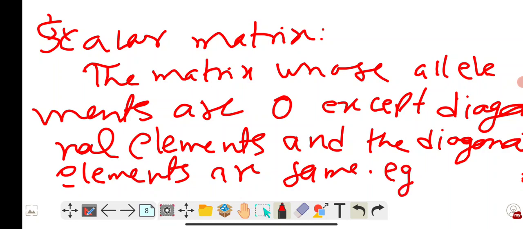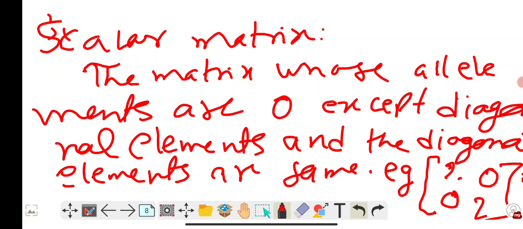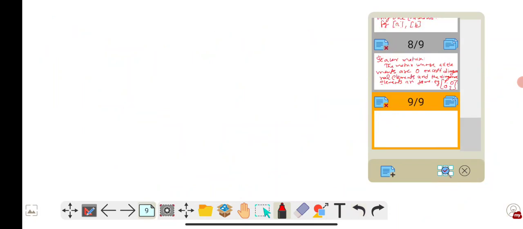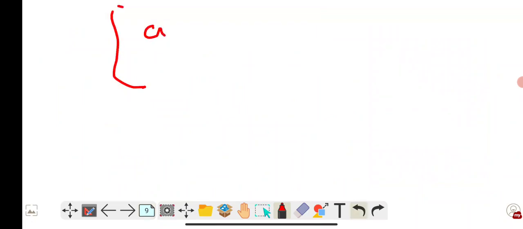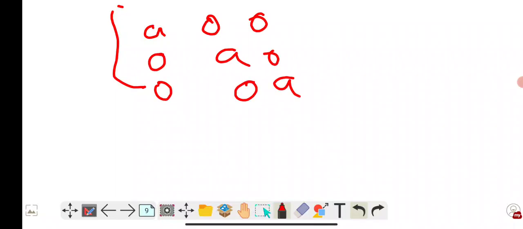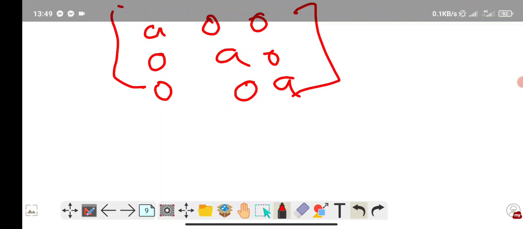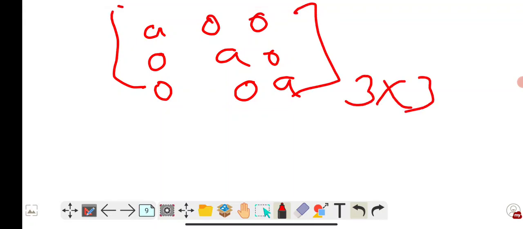Example: 2 0 0 2. This is a scalar matrix. So let's have a 3 by 3 example of scalar matrix: A 0 0, 0 A 0, 0 0 A. This is also a scalar matrix of order 3 by 3.